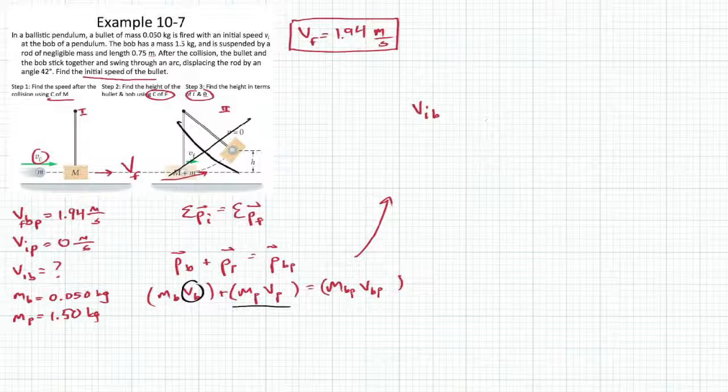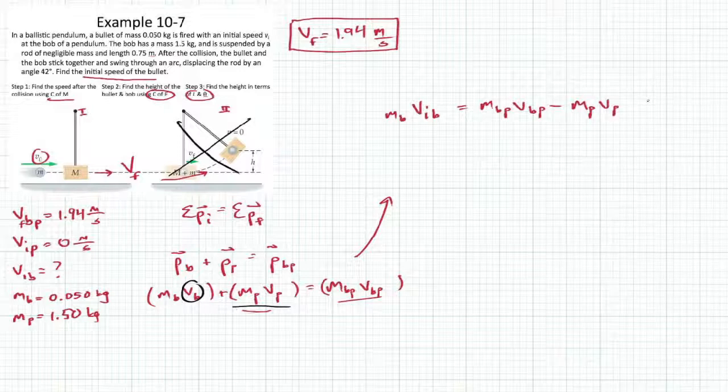I'll just do this in steps. Mass of the bullet times the velocity of the bullet equals mass of the bullet and the pendulum times the velocity of the bullet and the pendulum, minus mass of the pendulum times the velocity of the pendulum.